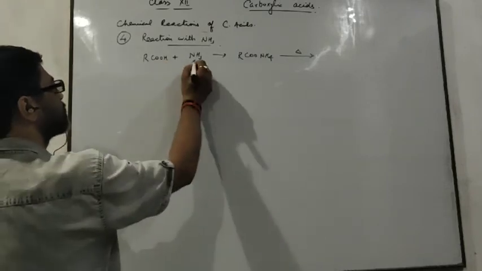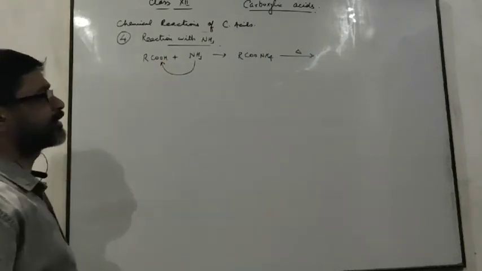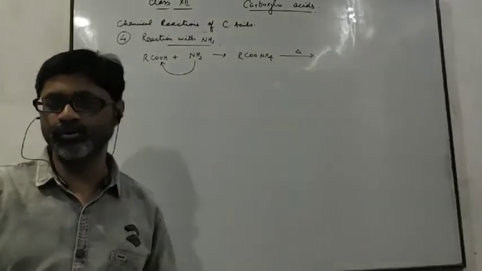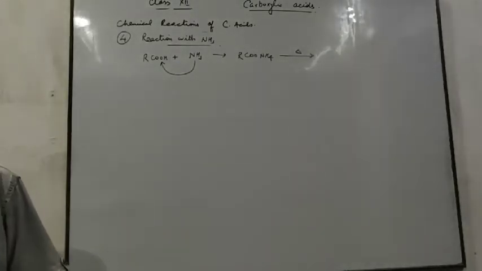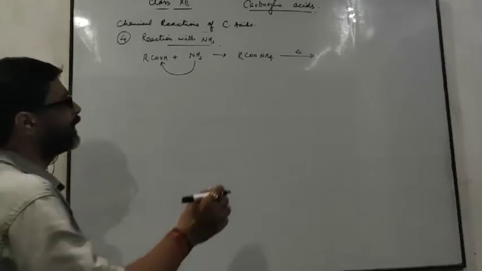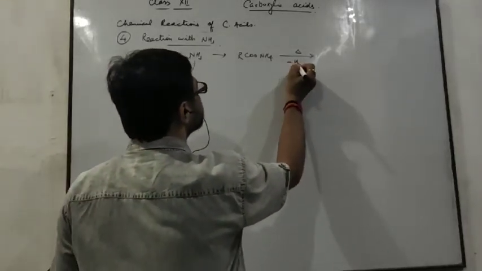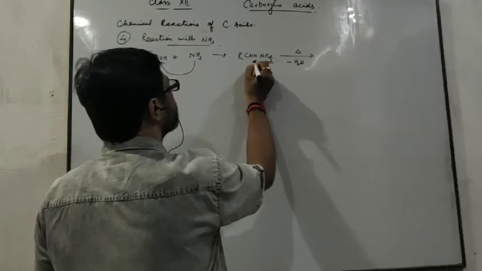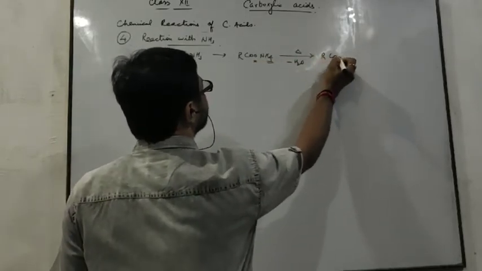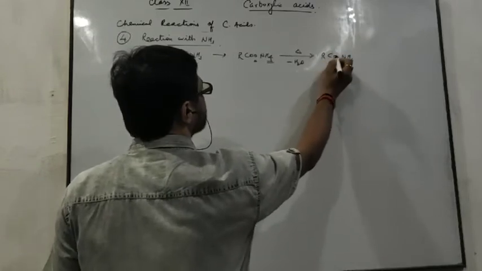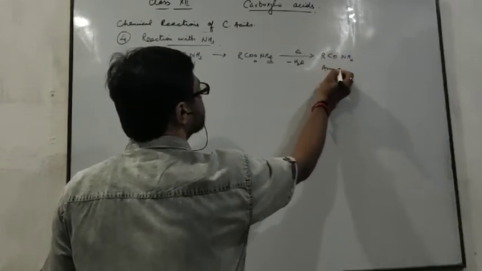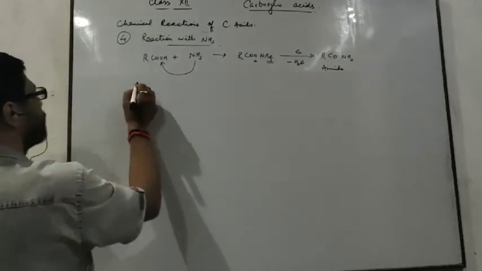RCOOH combines with NH3 to form RCOONH4, ammonium carboxylate. And then H2O is released, H from here and O from here, to form RCONH2. And this RCONH2 is an amide, acid amide.